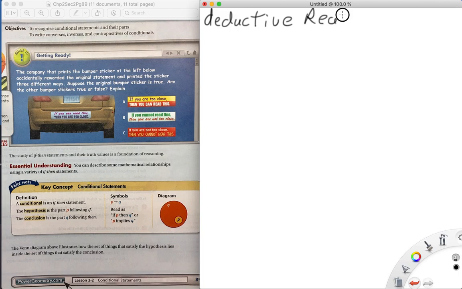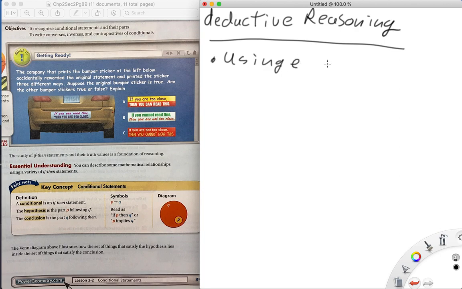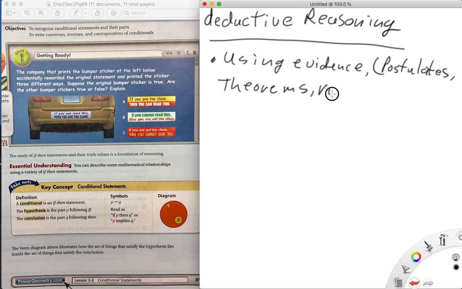And deductive reasoning is using evidence, whether it be postulates or theorems, we'll get to what those are in a minute, and rules to come to a logical conclusion.